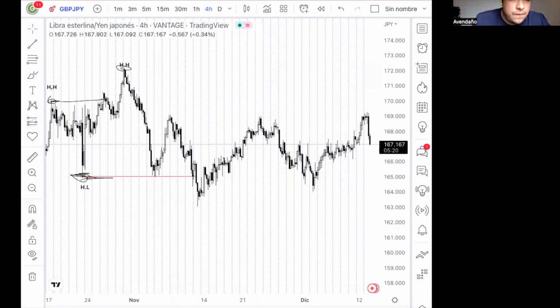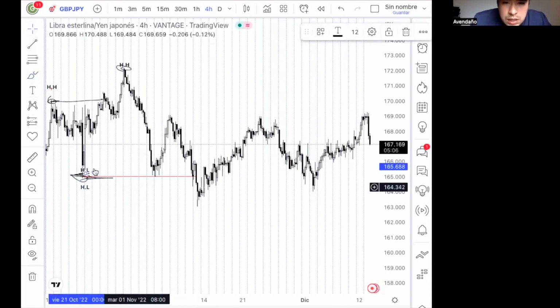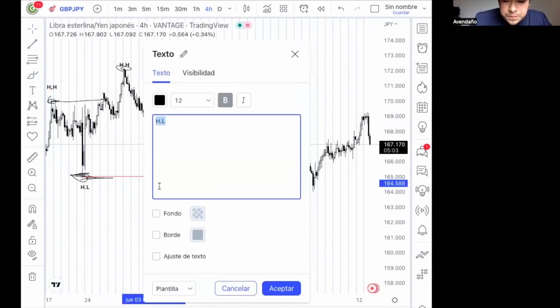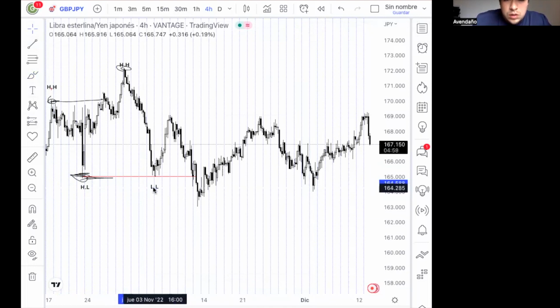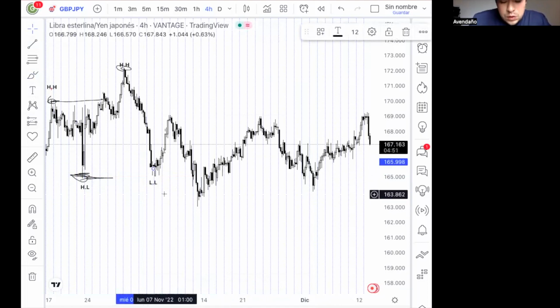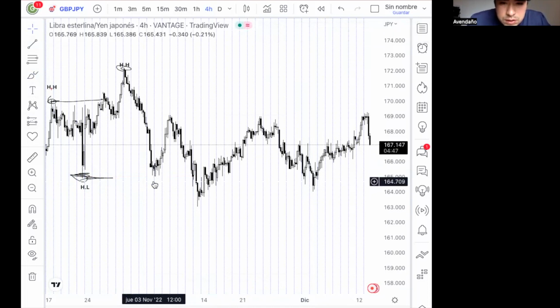Now we have here a new lower low point because it is lower than the previous one. So we can see that we have right here a lower low point. In the same case, we see that with this lower low, the order flow changed. However, it's the same thing. So let's get to it.